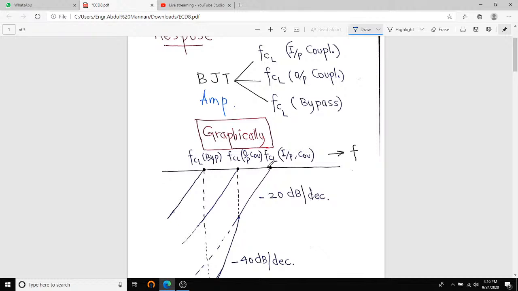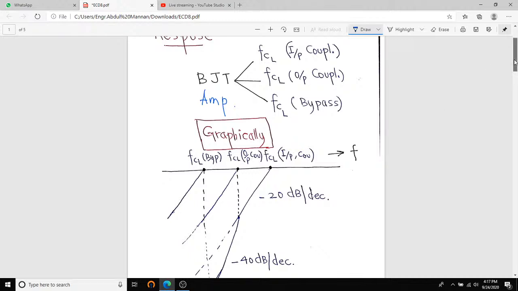But since one of these three FCLs computed from input coupling capacitor, the output coupling capacitor, and the bypass capacitor, one of these three would be the largest. Suppose this is the largest, the FCL obtained from the input coupling capacitor. This is the largest, so the gain starts decreasing at minus 20 dBs per decade until the frequency is equal to the cutoff frequency obtained using the output coupling capacitor.